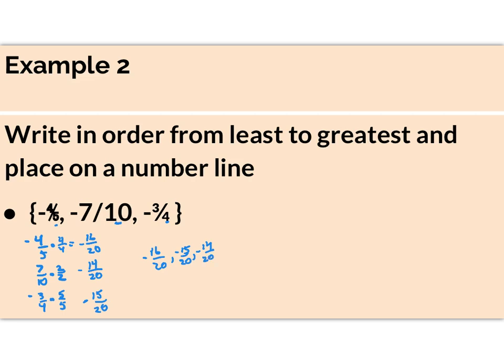And all of these fractions will be reduced in the final answer. So we have this 4/5 is the least amount, so that'll be 1, and 3/4 will be 2, and 7/10 will be 3.